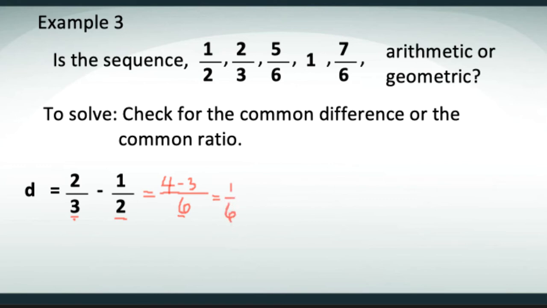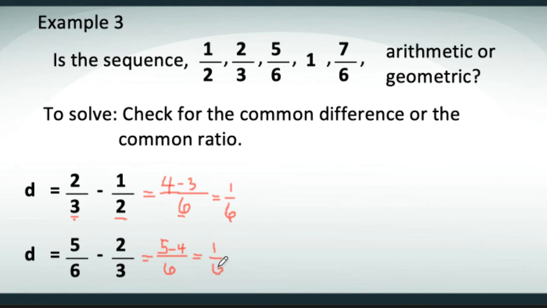Then let's do the other terms. 5/6 minus 2/3. Again, find their LCD, and it is 6. Then get their numerators. 6 divided by 6 is 1, times 5 is 5. Then 6 divided by 3 is 2, times 2 is 4. Subtract 5 and 4, we get 1 over 6.